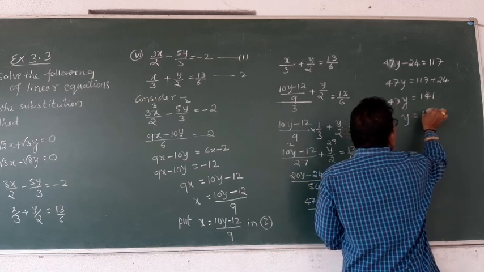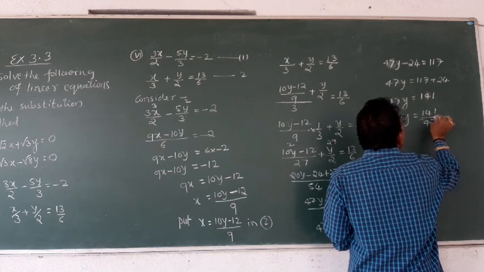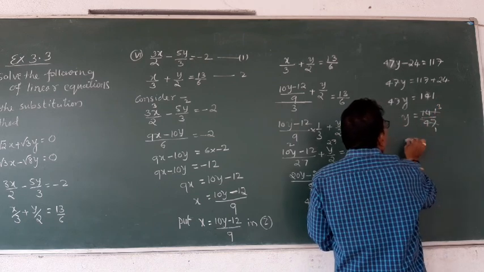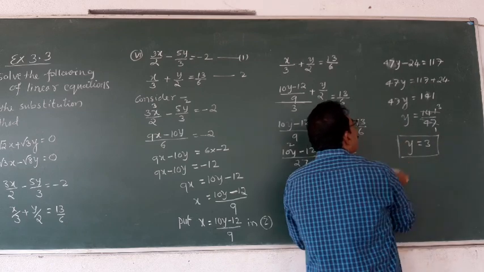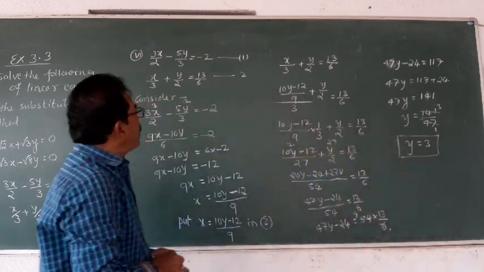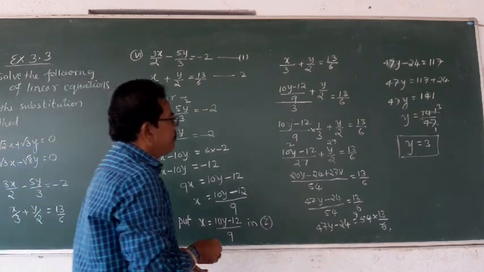Therefore y equals to 141 divided by 47. 47 ones are 47 threes are. y equals to 3. Put y equals to 3 in any one of the equations.